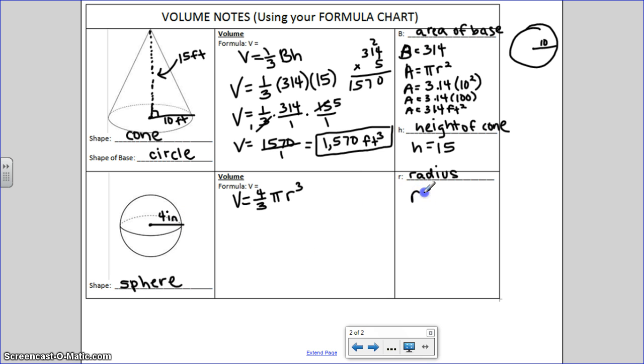Okay, so r is 4, and now our only job is to go over here and plug in these numbers. Alright, so we're going to say 4/3 times pi, which is 3.14, and times r, our radius, which is 4 to the 3rd power.